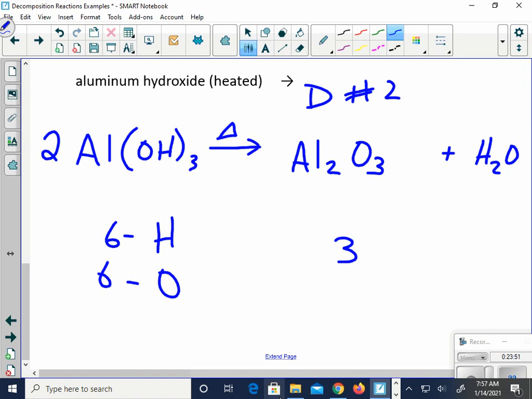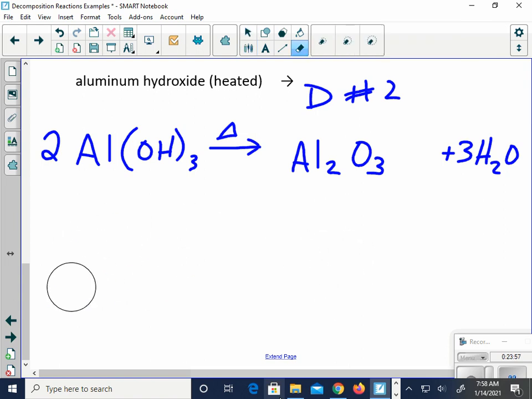So if I put a 3 here to give me 6 oxygens, that works out pretty good, doesn't it? With the 6 and 6. So I'm saying that now I have a balanced chemical equation. So aluminum hydroxide, when heated, will give me aluminum oxide and water.